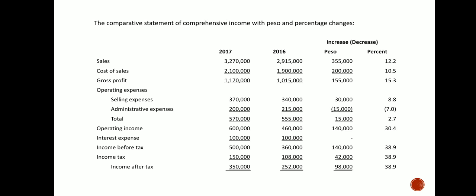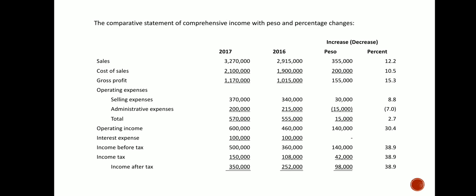Increase. So that is computed by dividing the absolute amount of change in sales, which is 355,000, by the base amount, which is the amount of sales in the year 2016, which is 2,915,000. So that is again 12.2%. And as I said, the same procedures will be applied to all items in the statement of comprehensive income.